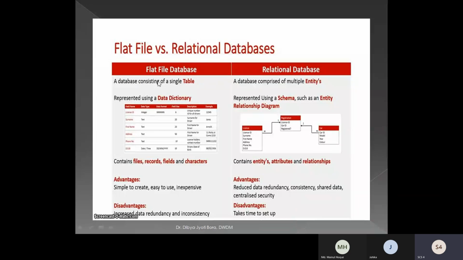A database consisting of a single table in case of a flat file database, while in case of a relational database, a database comprised of multiple entities. I think I don't need to explain entity again because it's a very common term that we all have to know, right?